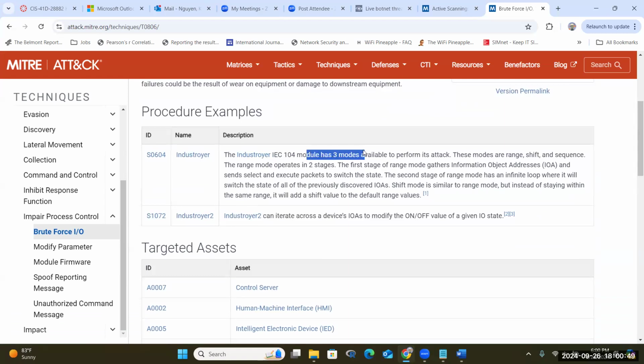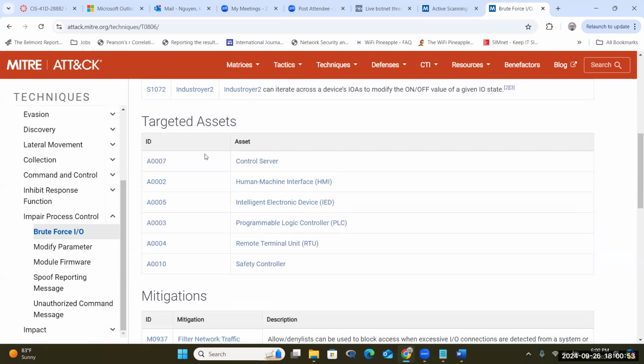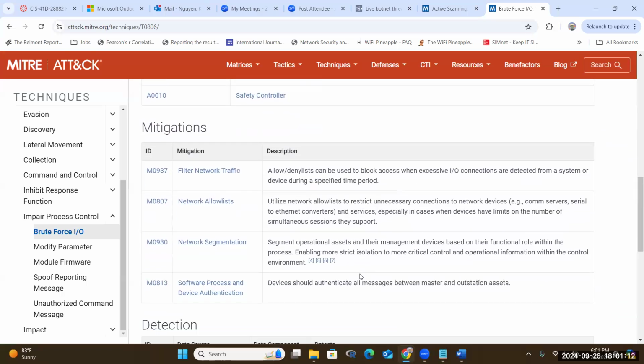A module that was impacted in certain modes. So what are the targeted assets? Control server, right? HMI, electronic devices that are intelligent, and you can click on it to read a little bit further what they are. Remote terminal unit, right? Safety controller, and how we can mitigate it.